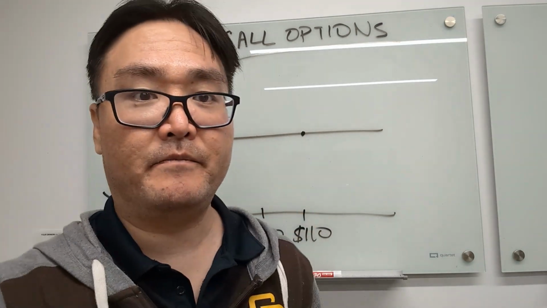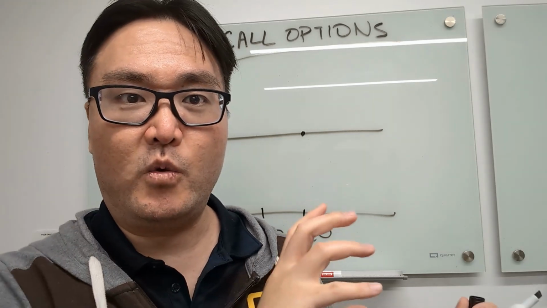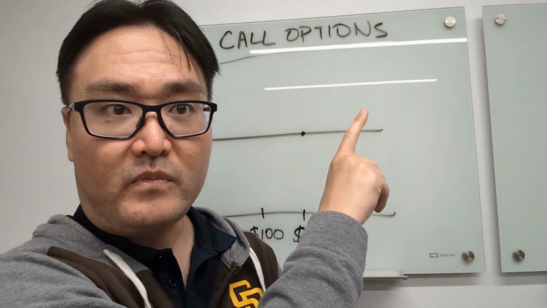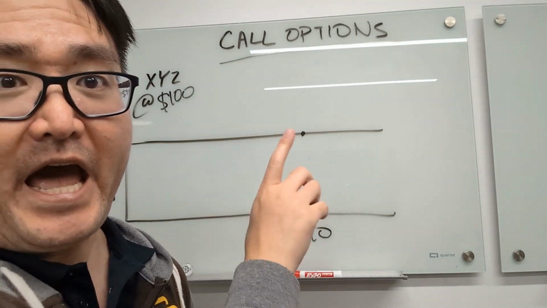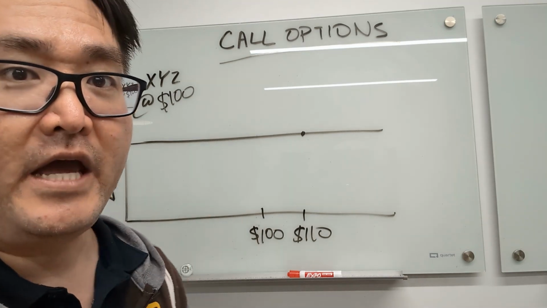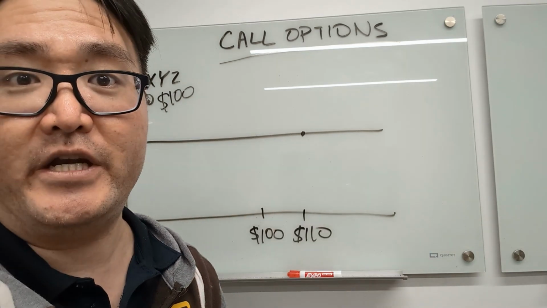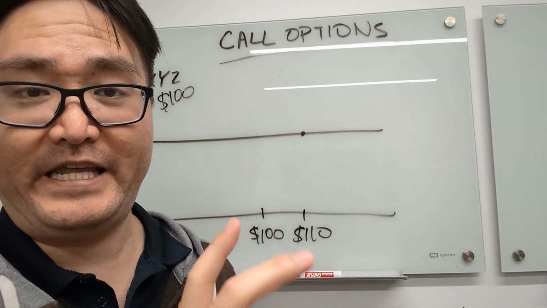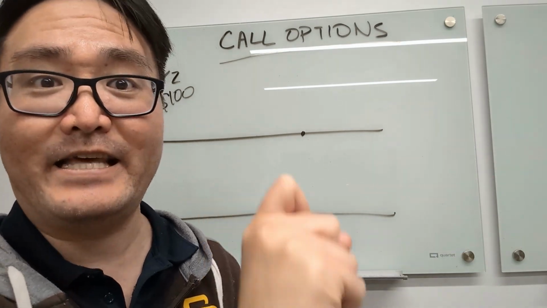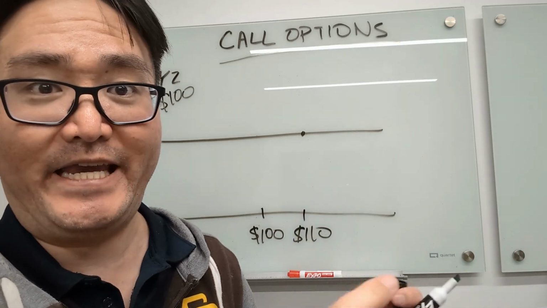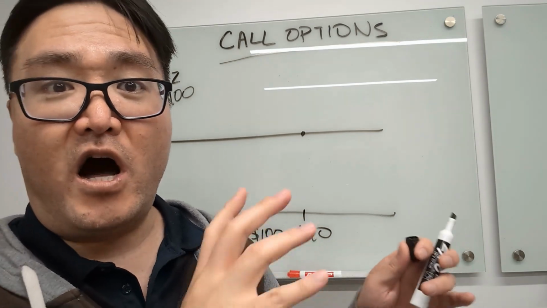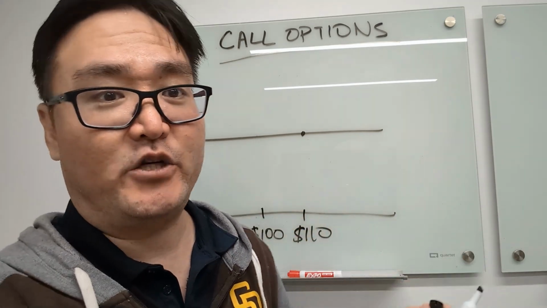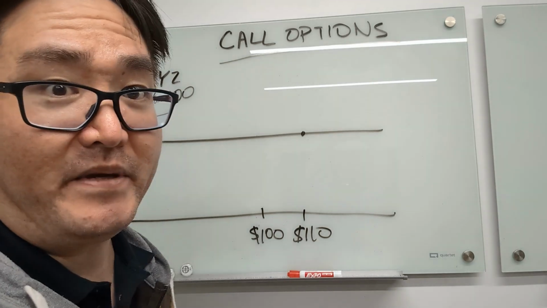That means that even though the stock itself may be at $100, and you bought a call option at $100, meaning that this call option is at the money, or abbreviated ATM, you're still not breaking even on that trade because you paid a $10 premium.